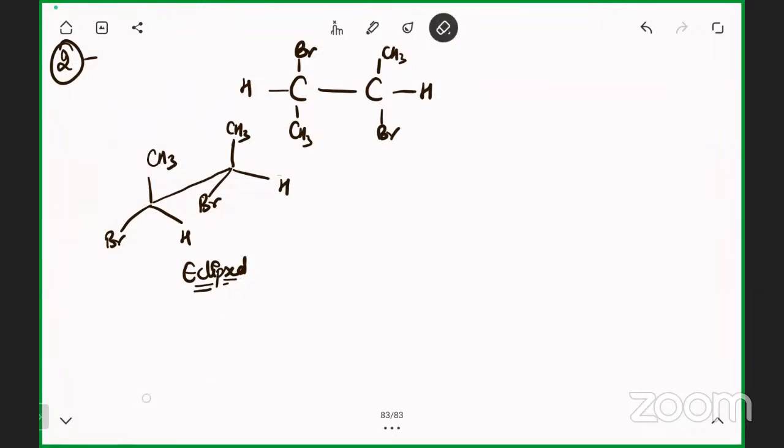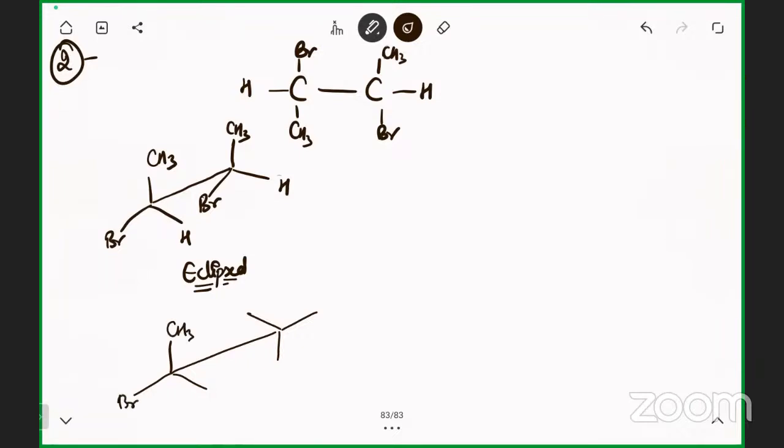Just keep the first carbon as it is and rotate the last one. The CH3 will remain as it is, Br on the left side, H on the right side. If I make the eclipse form, the Br will come at this position, H at this position, CH3 at this position, and hydrogen at the bottom.